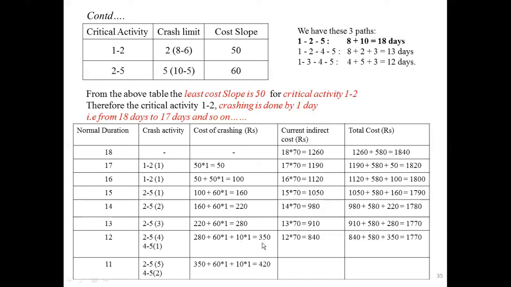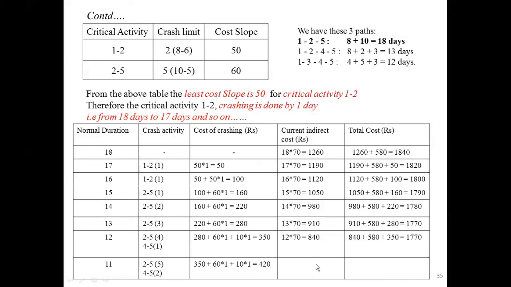On the calculator, we get 350, the previous value, plus for 2 to 5 the cost slope is 60, so you write 60. For 4 to 5 the cost slope is 10 into 1 day, and it is 420 rupees.